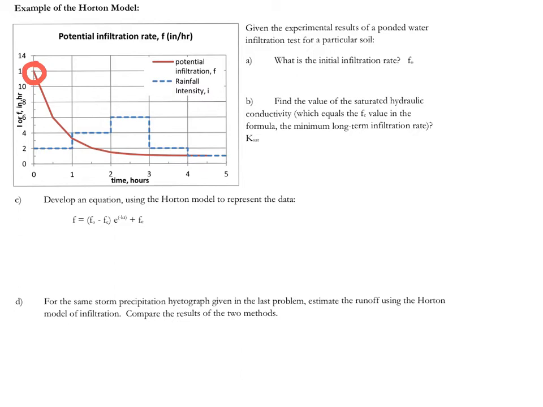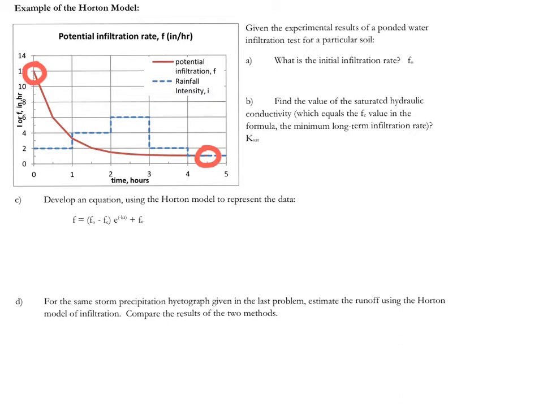And part B asks us to find the value of the saturated hydraulic conductivity, which is F sub C, or the infiltration at time infinity. We're going to read that from this value down here, where the infiltration approaches as time goes to infinity.